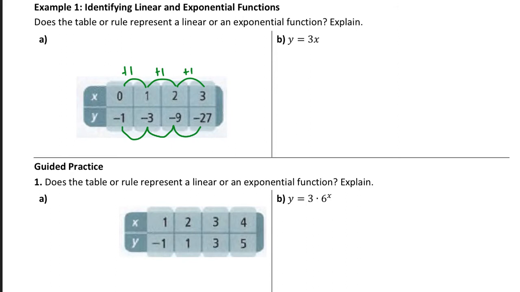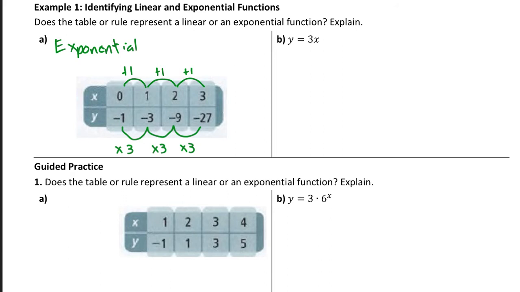The y values in this function are changing by multiplying by a common factor. So multiplying by 3. That's repeated multiplication. So this function is an exponential function. So exponential functions change by multiplication or division.